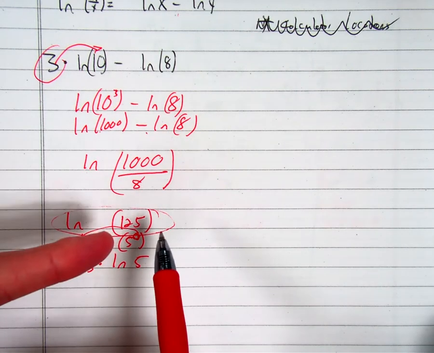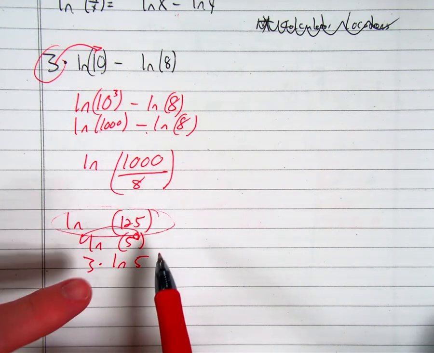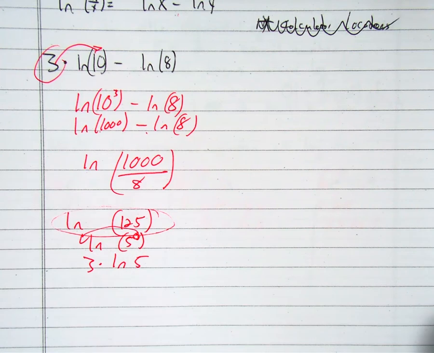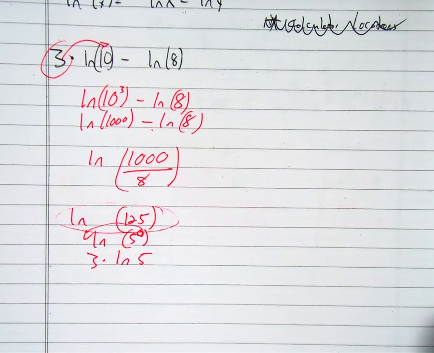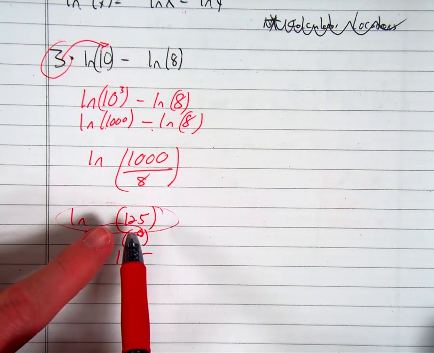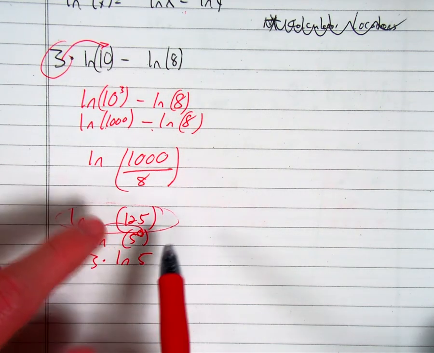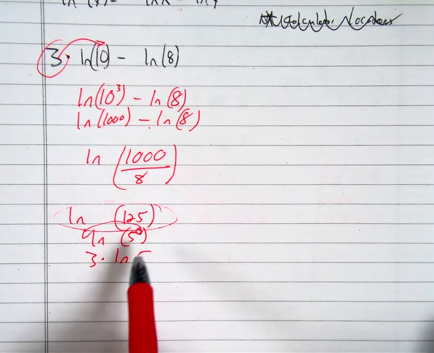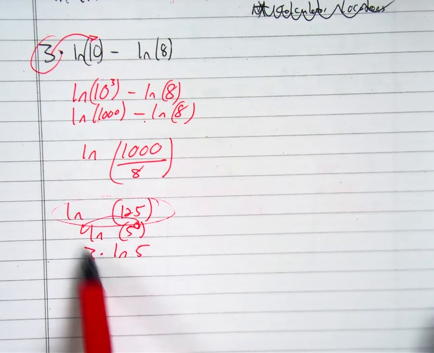And then once we get here and start doing this step, it feels like pulling it back apart. So yeah, I don't like how the book did that one. I would have stopped here. Simplifying it, putting it back together, and then pulling it back apart. But if you went here, that's great too. It's all equal.